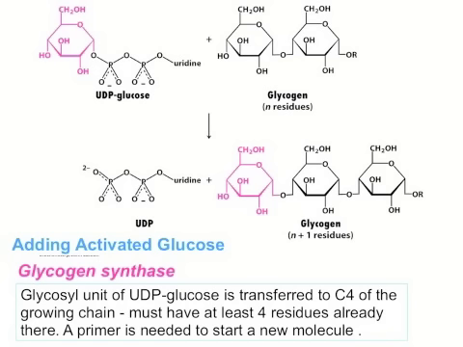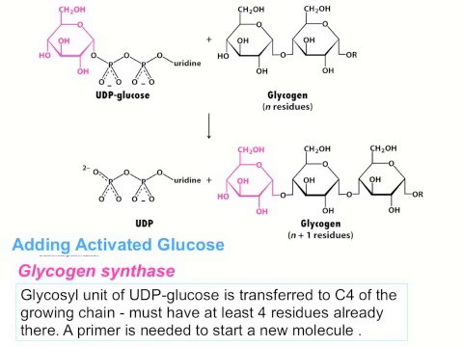The enzyme that catalyzes this reaction is glycogen synthase. And again, this is a very easy name to remember because it says what it does. Glycogen synthase is how we make alpha-1,4 linkages, the straight chain portion of glycogen.